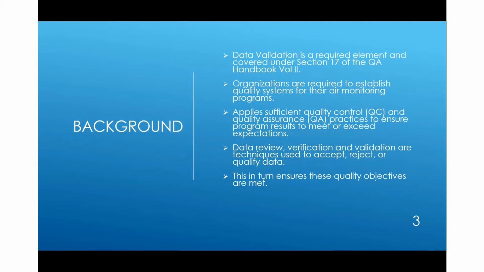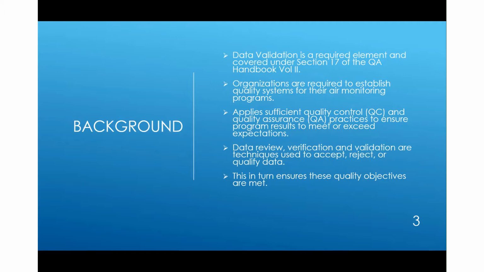Data validation is a required element in air monitoring regulations and covered under Section 17 of the QA Handbook, Volume 2. Monitoring organizations are required to establish quality systems for their air monitoring programs.